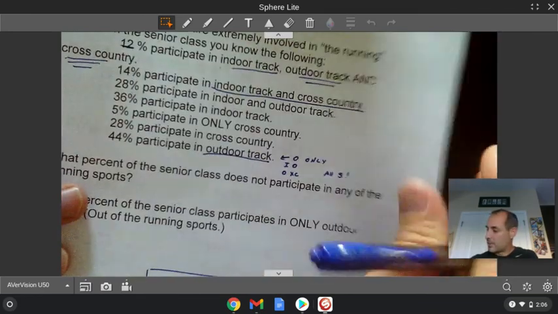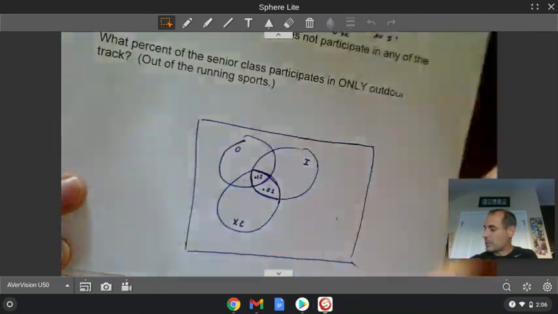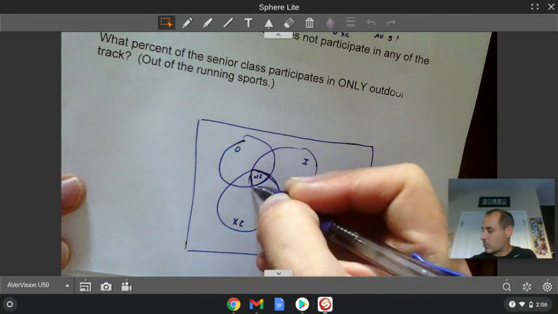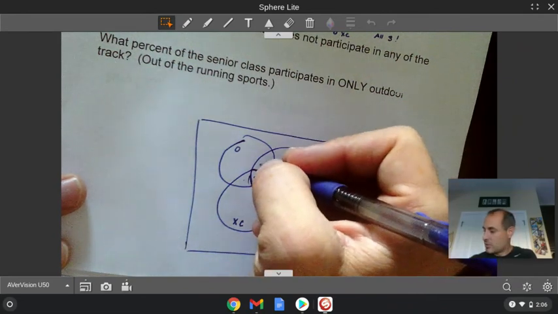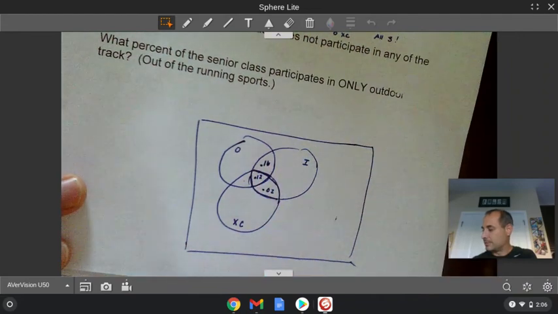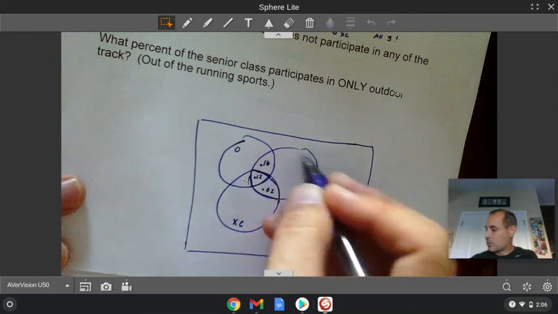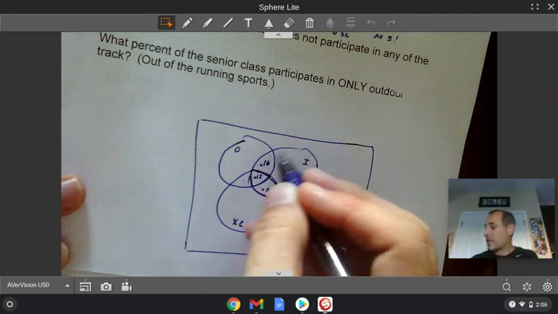Okay, going back up here. Indoor and outdoor is 28%. Indoor and outdoor is right here. Indoor and outdoor, 28%. I've already got 12, so this has my additional 16. Now if I look carefully, I see the indoor circle is almost filled up.